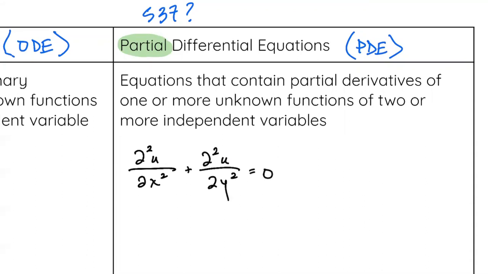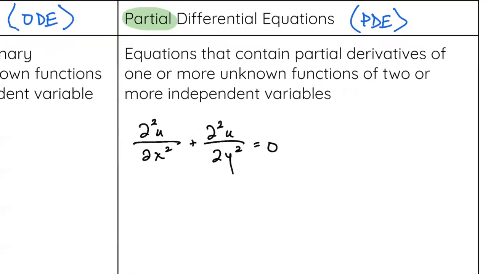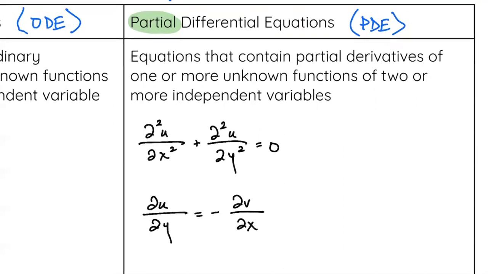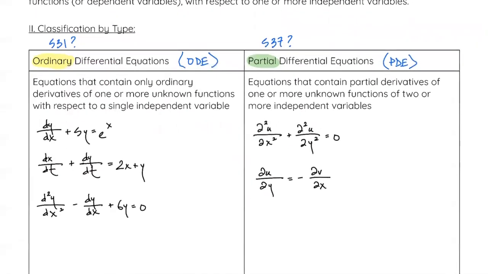You might see a lot of partial derivatives, okay? So if you take partial differential equations, you'll see a lot of partial derivatives and figuring out how to undo those. Another example of a PDE might be partial u over partial y equals negative partial v over partial x. That might be another type of partial differential equation.